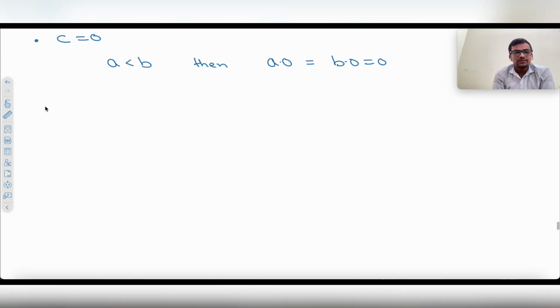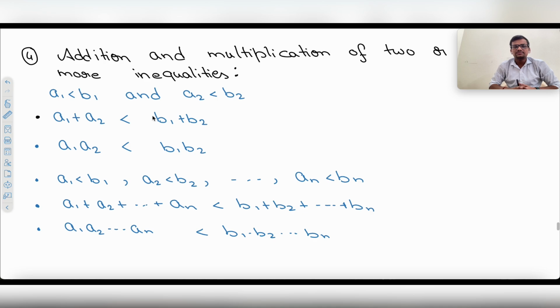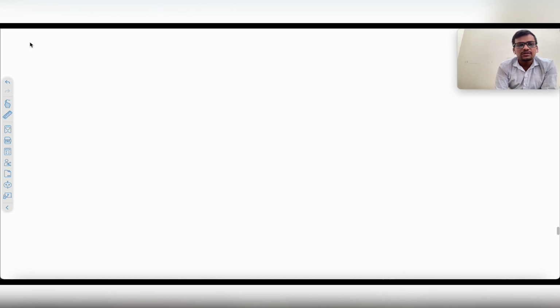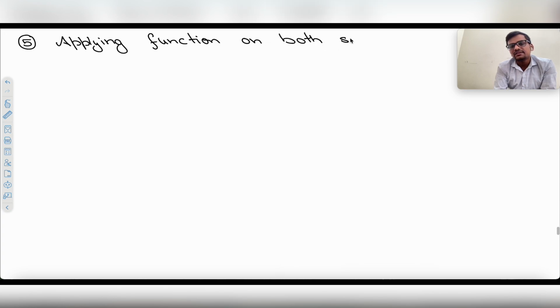So next we move to the fifth rule, that is applying a function on both sides of the inequality.